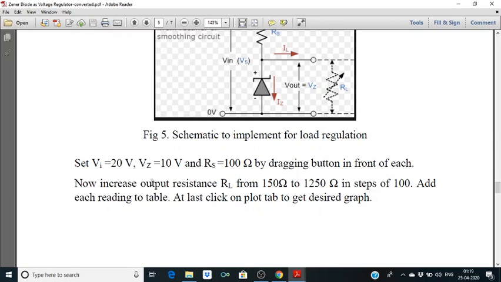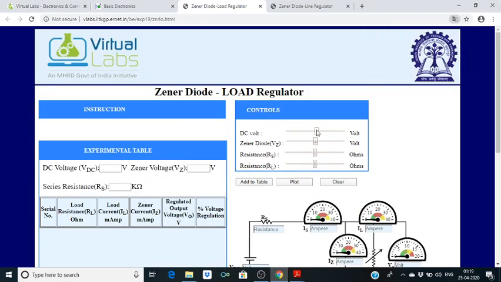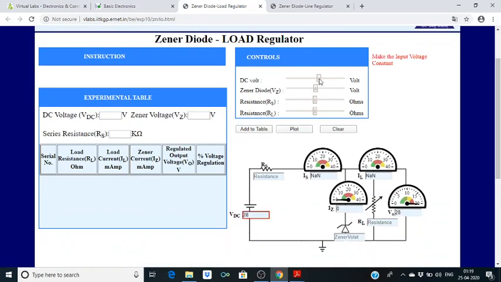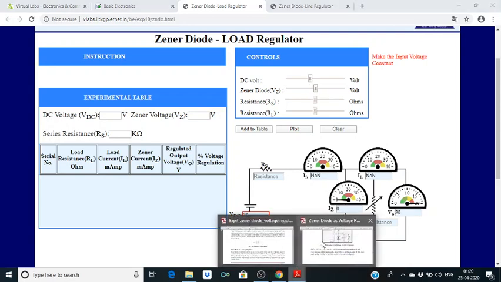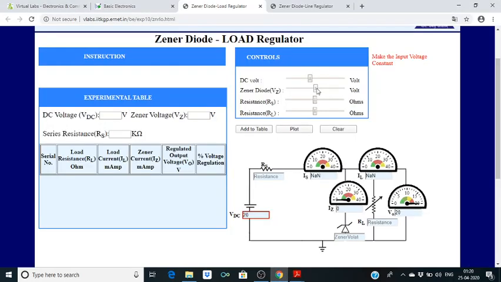VI we will set to 20 volt. VZ we will set to 10 volt.